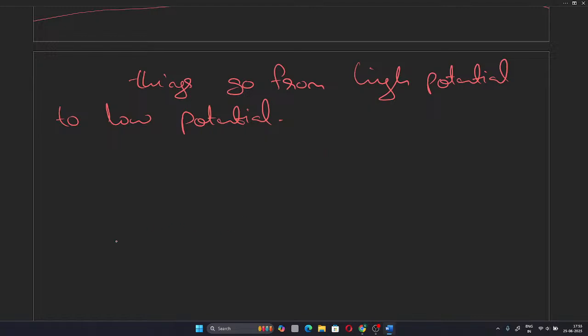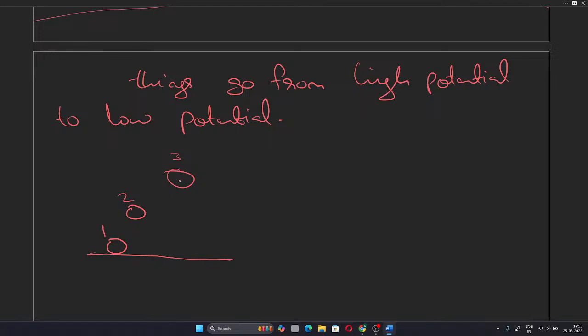When we take, this is the earth, there is a ball here, we lifted it and took it here, it has some potential energy. If we consider this as the first position, second position and third position, the third position will have the highest potential, the second the medium, and the first the lowest potential.